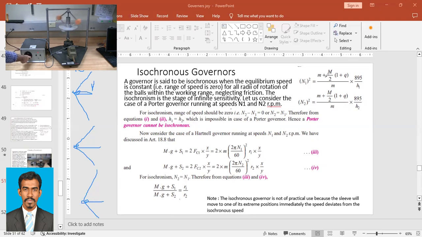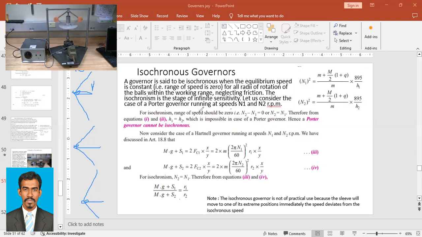We have seen this equation while studying the Porter governor. And for n2, which is another speed, n2 squared is equal to (m plus M)/2 into (1 plus q) into 895/h2. So for equilibrium speed n2, the lift is h2, and for speed n1, the lift is h1.